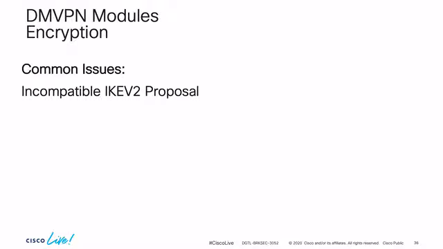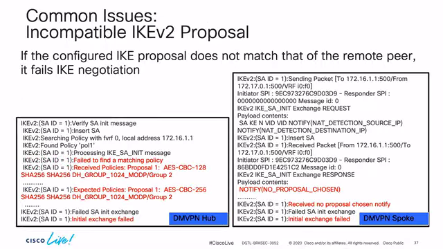If we were to run a debug DMVPN detail crypto, or a debug crypto IPsec SA with a peer IP address, what we would basically see on both the hub and the spoke is that the spoke goes ahead and sends out the initial IPsec packets to negotiate the IPsec SAs. But what we see in the hub is it fails to find a matching policy.